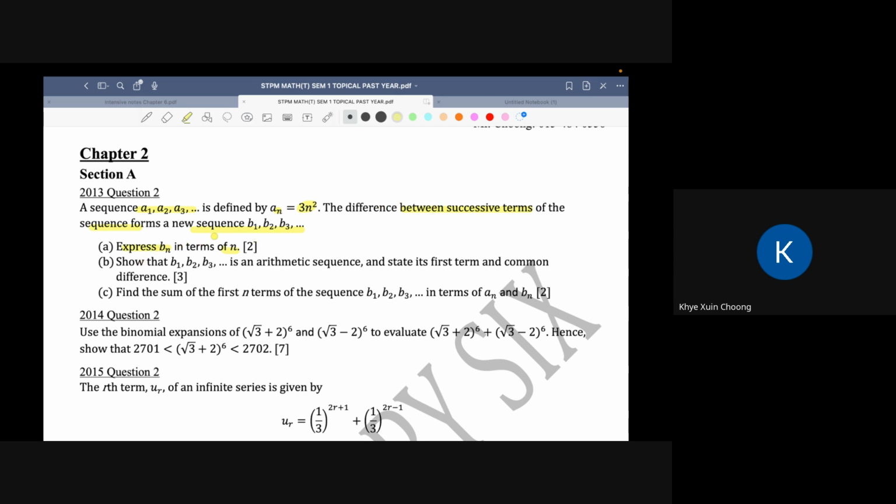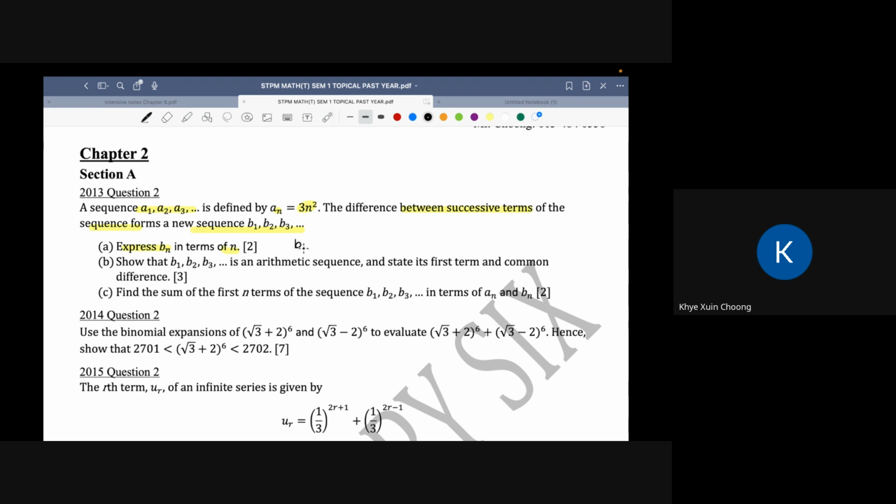Bn is the difference between successive terms. It means B1 equals A2 minus A1, B2 is A3 minus A2. You just try to sub the n inside and minus, and you will get the formula for B1, B2, B3, B4. So how to get the formula for Bn? B1 is A2 minus A1, B2 is A3 minus A2.